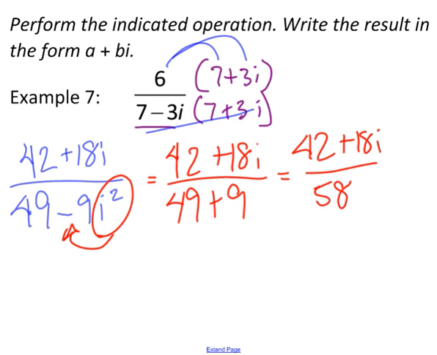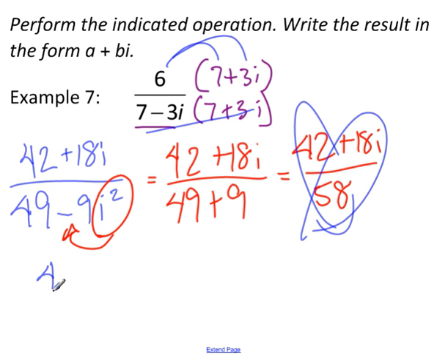Now we would be done, but we're not, because we're never really done. We're going to split that into our two fractions. 42 over 58 plus 18 over 58 with my i stuck on the end.